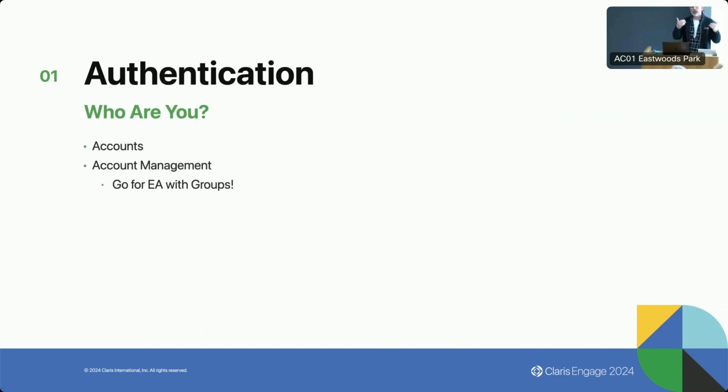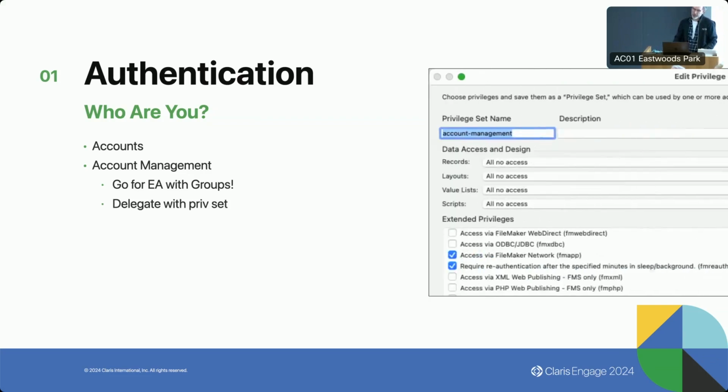That completely removes that account management from the FileMaker side, right? Whoever governs the identity provider does the account management. It doesn't need to be the FileMaker developer. It doesn't need to be whoever is the administrator at your client that administers the rest of your FileMaker solution, right? That can just be whoever is in control of the identity provider. So you can completely remove the problem away from what you do and how you build solutions.